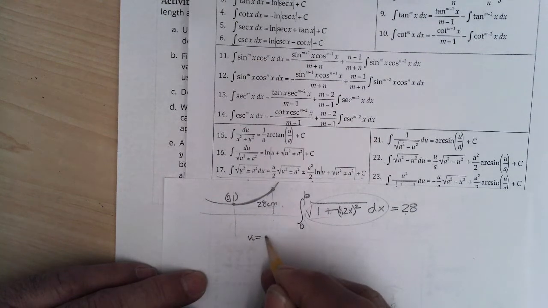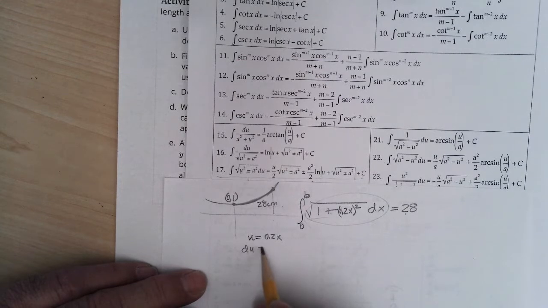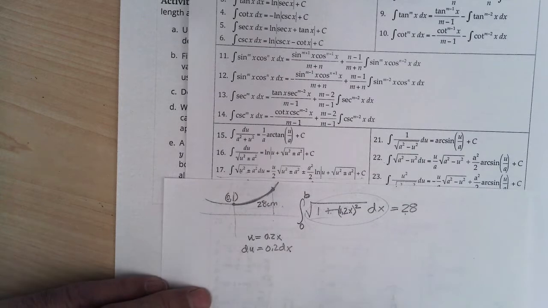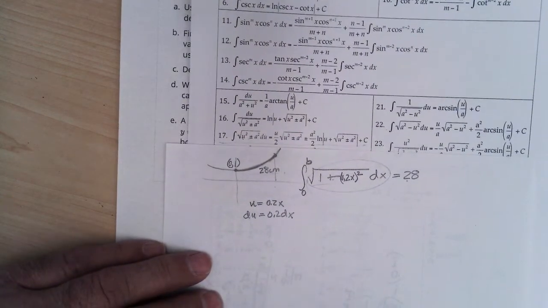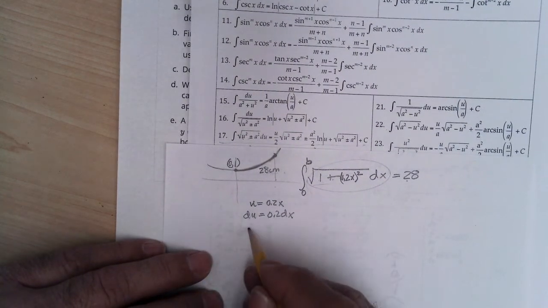u equals 0.2x, so du is 0.2 dx, and we're going to divide by 0.2.